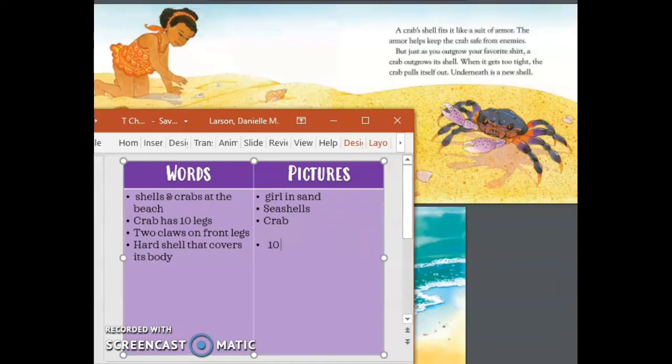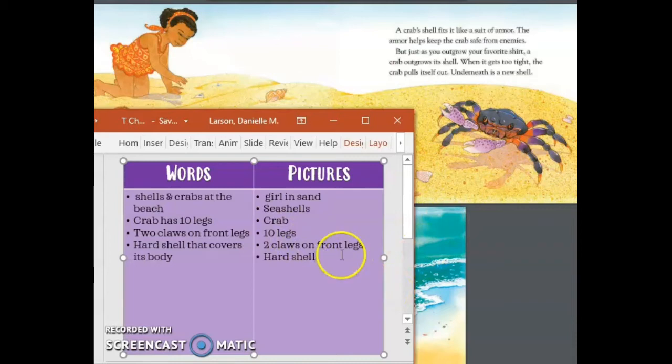Ooh, this crab has 10 legs. These front legs are different. These must be the claws. So 2 claws on front legs. And the crab looks shiny. This must be its hard shell.